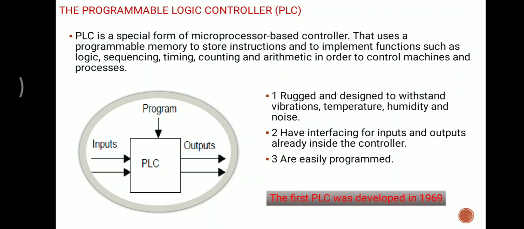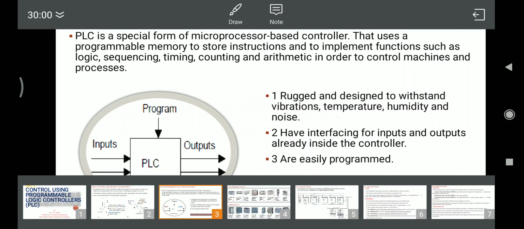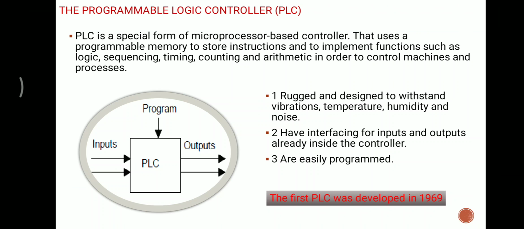Here you can see a PLC diagram in which the input is the input elements to the PLC. The PLC will take some input from this input section. Inputs may be sensors which will give some data to the PLC.